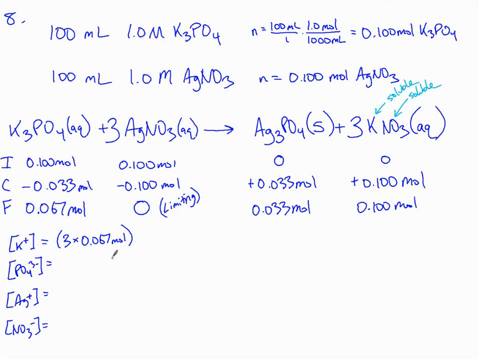This is the potassium number of moles just here. Then we have to add in our 0.100 moles of potassium in the products. And so we end up with 0.300 moles.